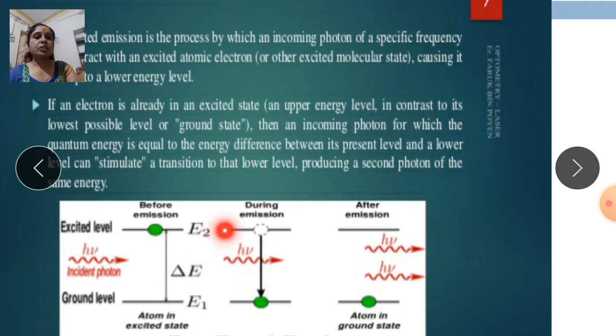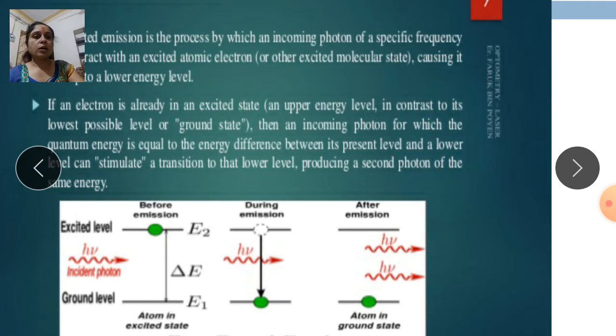During stimulated emission, the hν radiation acts on the atom, and the atom goes in the downward direction. The excited state atom goes downward to the ground state.